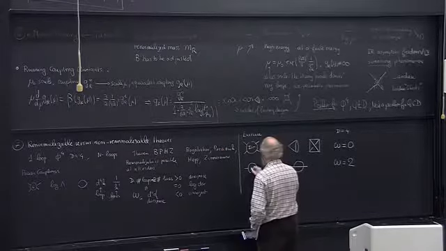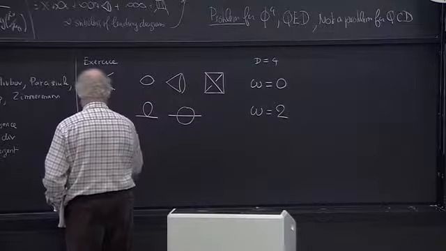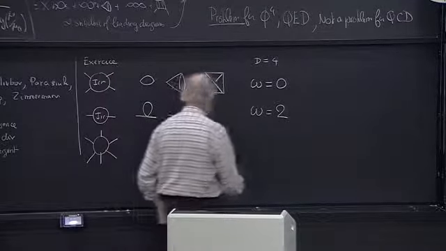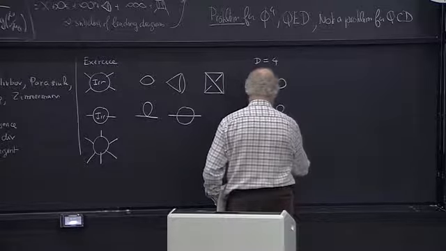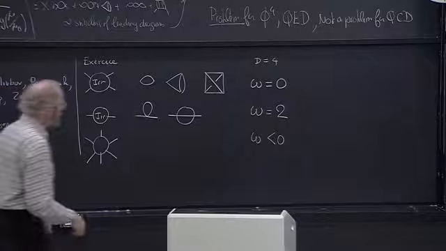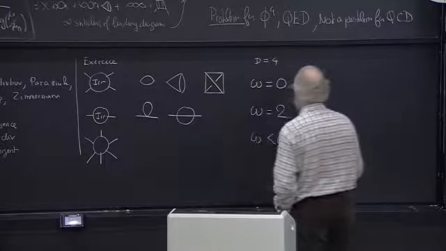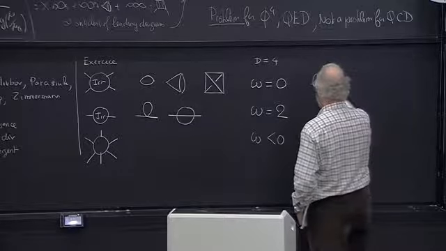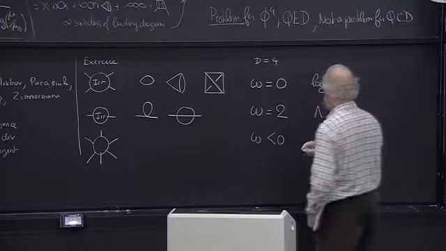And so this is an irreducible 2-point diagram. And for higher order, omega is negative. So at all orders in perturbation theory, only the 2-point function contains a log of lambda, and this gives a divergence like lambda squared.